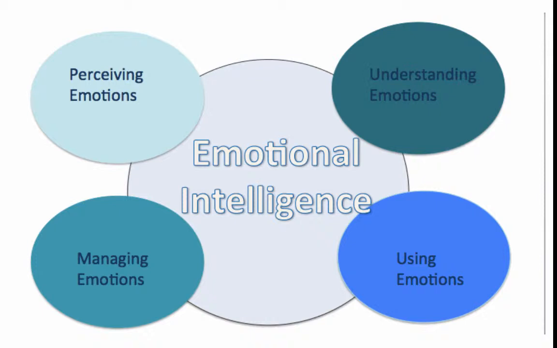Perceiving emotions includes the ability to accurately identify and express emotions, which helps to discriminate between hostile situations. The ability to generate and use emotions to enhance thinking includes altering emotions to redirect cognitive processes, obtain new perspectives, and enhance problem solving.